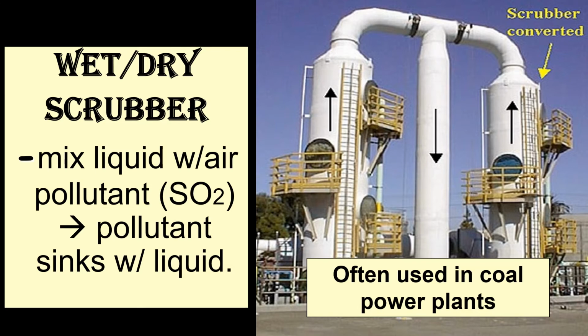If it's a wet scrubber, it will usually mix liquid with the air pollutant being emitted out of the smokestack, and that water will make the air pollutant heavy and settle out in a liquid form that can be cleaned. This is often used in coal power plants to remove a lot of the material that's released when we burn coal for energy purposes.